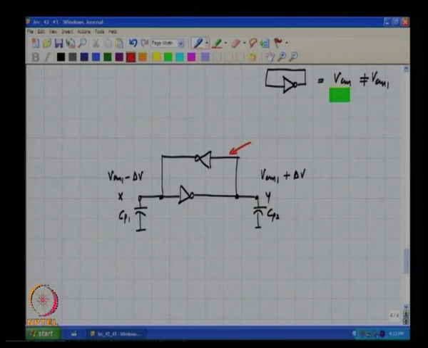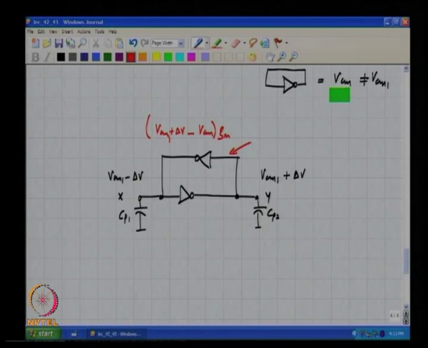So, to a first degree, what is the current that is being supplied or pushed out by this inverter? It is Vcm1 plus delta V minus Vcm times some transconductance Gm of the inverter.